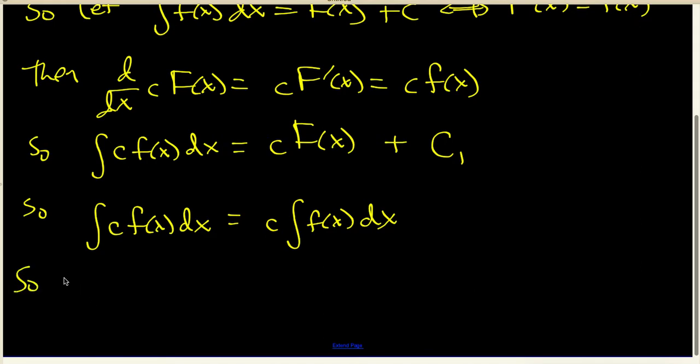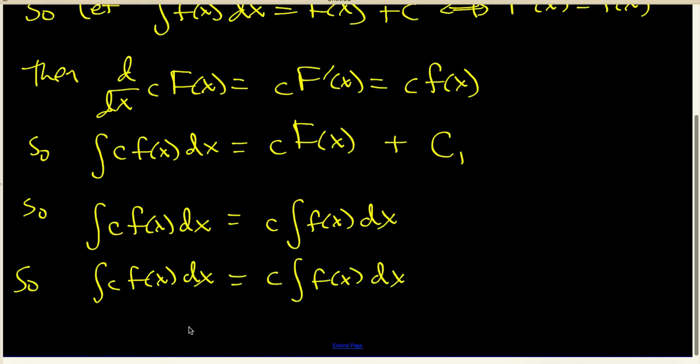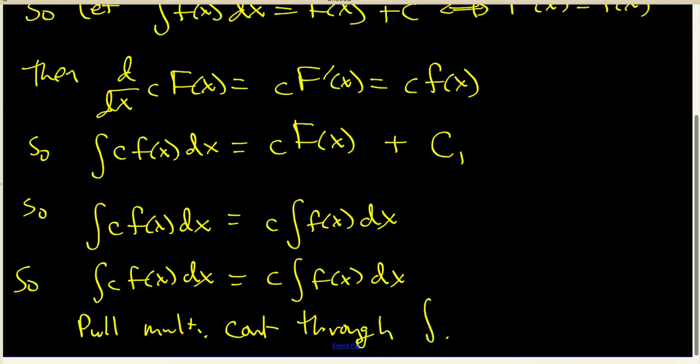So in English, this says that if I have an integral sign that has a multiplicative constant inside of it, the multiplicative constant can be pulled through the integral sign. Well, let's actually look at a couple of examples about how this is going to work.